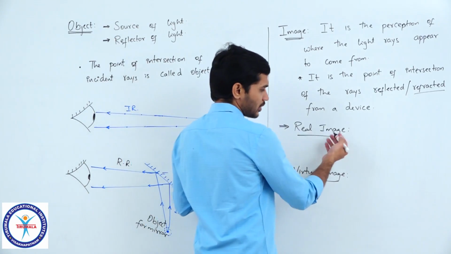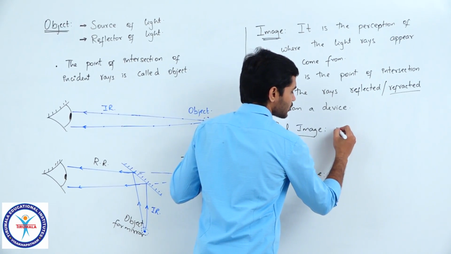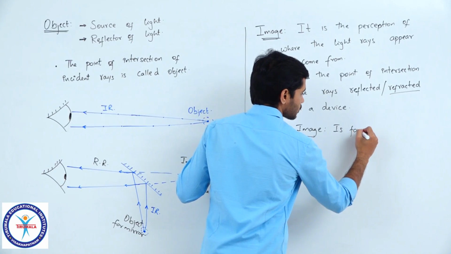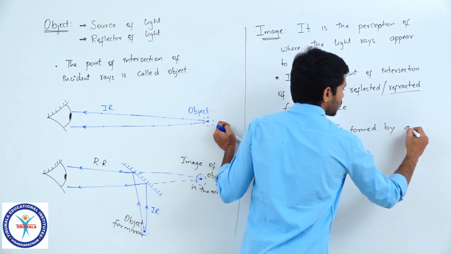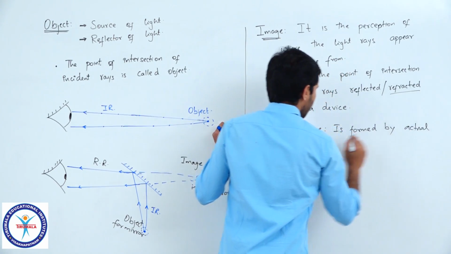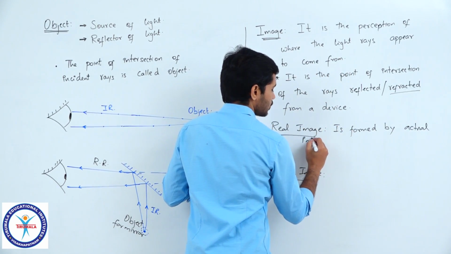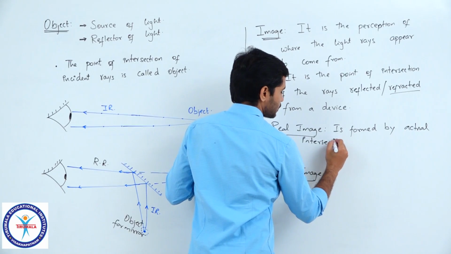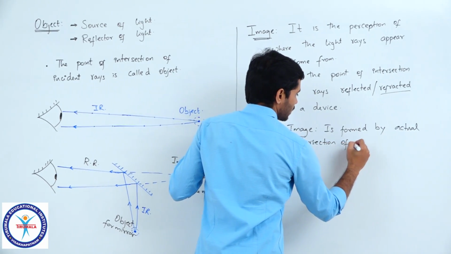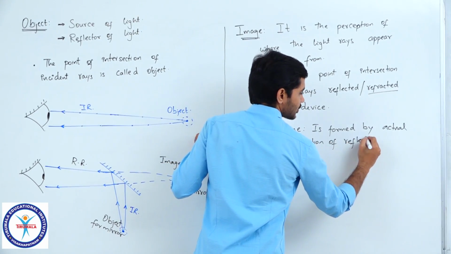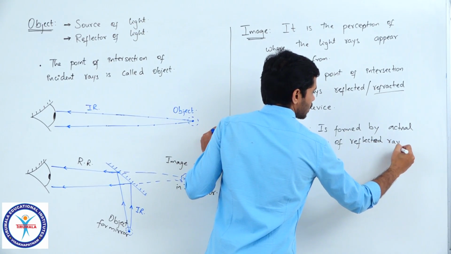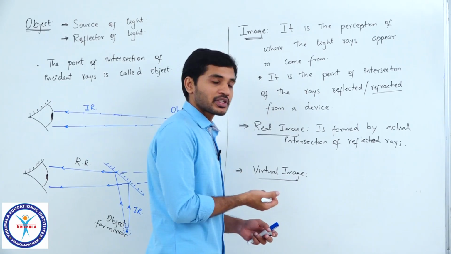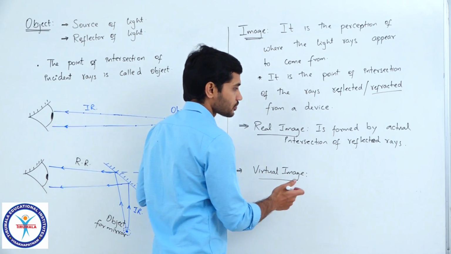Let me write it down over here. A real image is formed by actual intersection of reflected rays. And when it comes to a virtual image, we can write a similar expression.